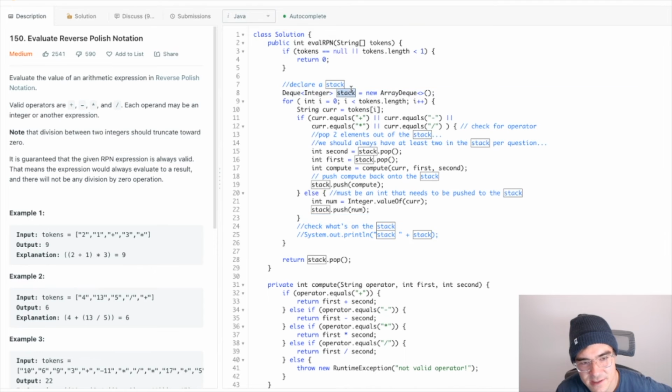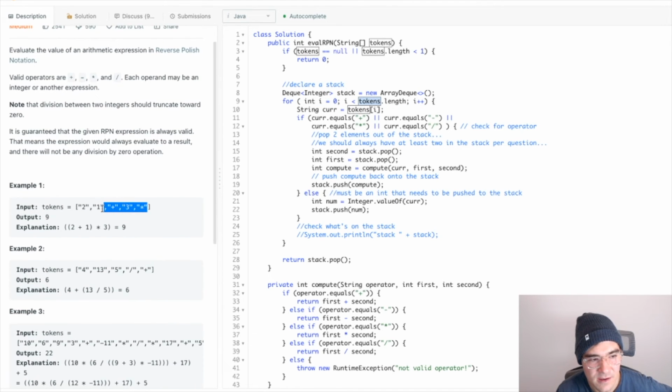So I knew to use a stack there. I'm not a super genius who came up with that. Anyways, we have a stack there, and we're going to go through each one of these tokens, right? Each one of these tokens is either an operand or an operator, which is plus, minus, times, or divide.